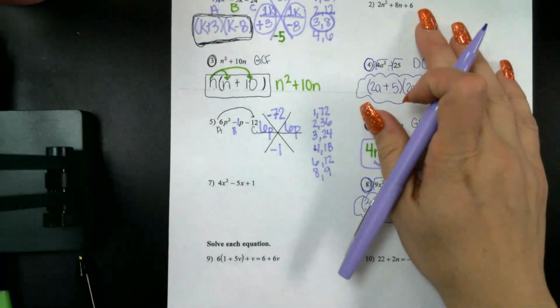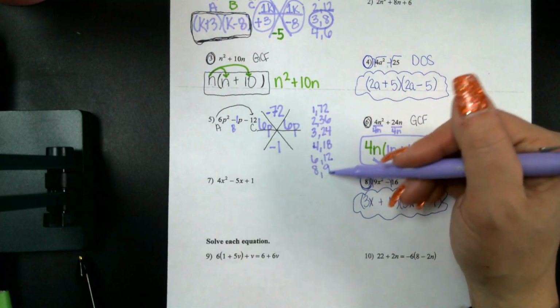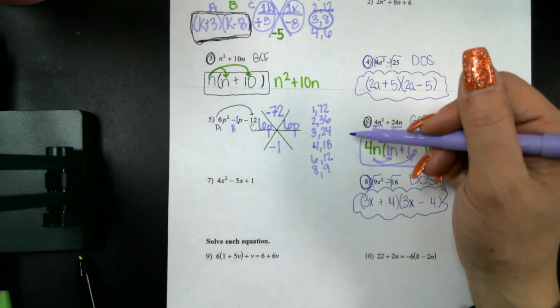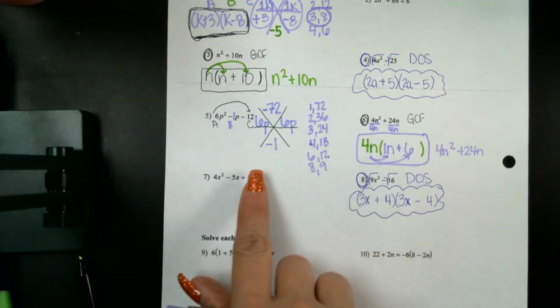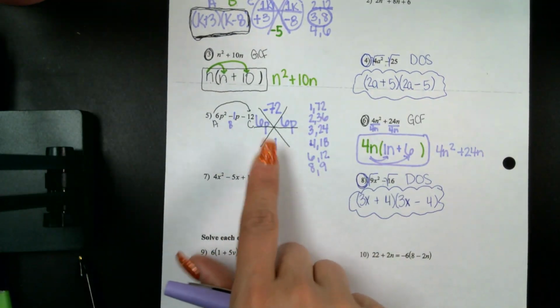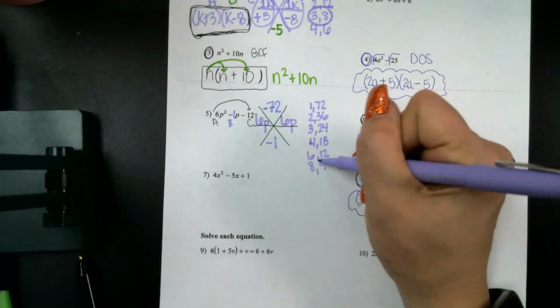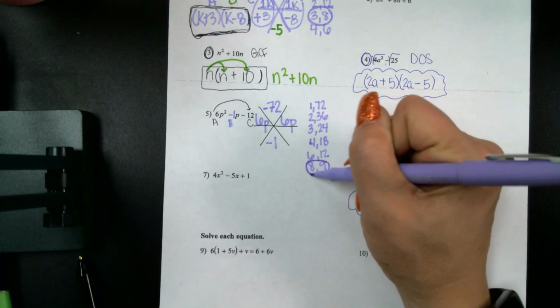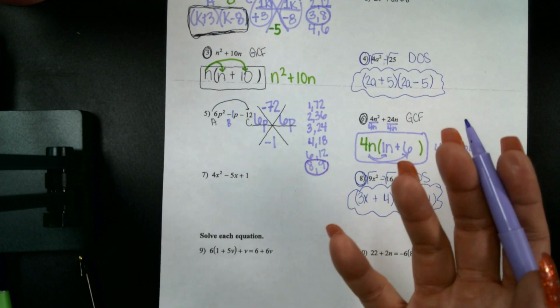Okay. All right. So once you look at your factor sheet and you see all these pairs of numbers, which pair would be, whether you added or subtracted, 1? 8 and 9. Those are the only two that would make a 1, right? So we know they're 8 and 9.